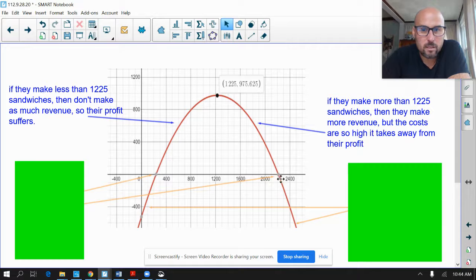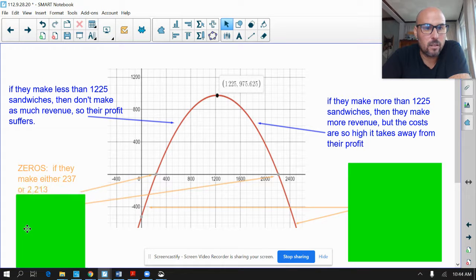What about these two values? These are the zeros. How do you understand this in the context of that problem? The two zeros are 237 and 2,213. How does that make sense in the Hunky Beef scenario? Well, the Y value is both zero for these.